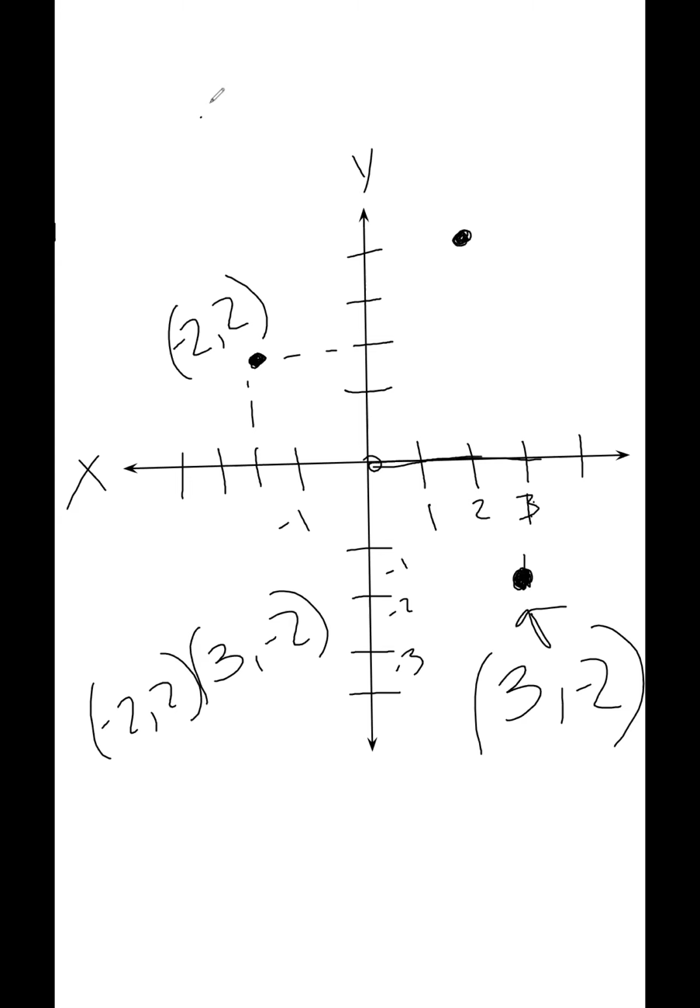So we go over to 2, and we go up to 1, 2, 3, 4. So that would be that point. So if you list them, you'd have this other one too.